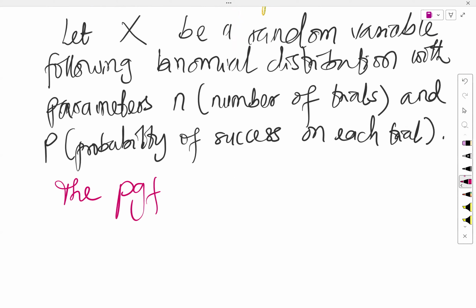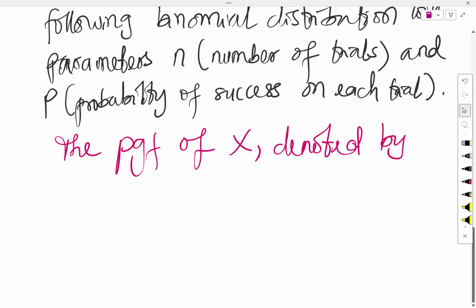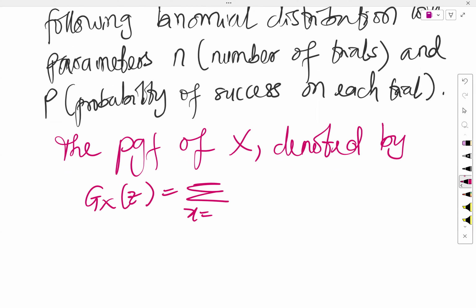If that is the case, then we need to understand again that the PGF of X, the probability generating function of X, is denoted by G_X(z), and that is the summation from k equals 0 to n of the probability distribution, which is the probability of X equals k, times z raised to power k.